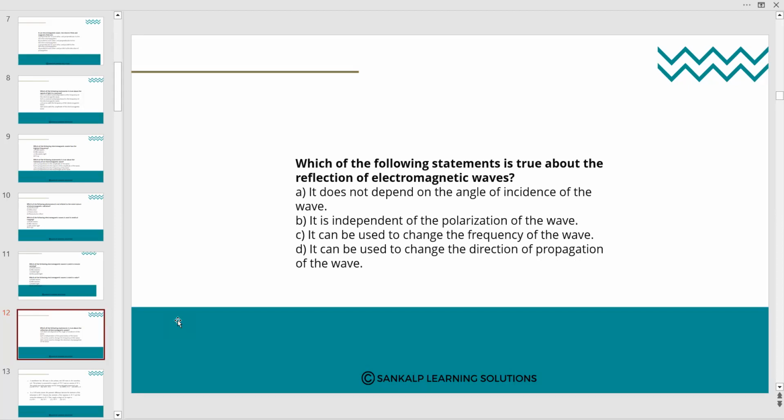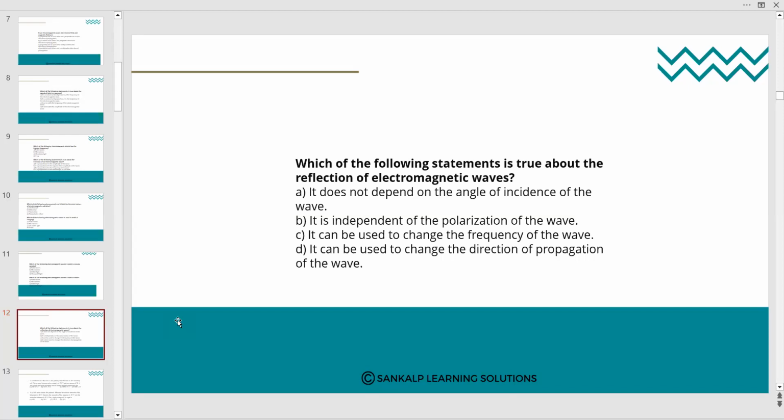So for the true statement about the reflection, they are specifying the reflection phenomena. Actually the electromagnetic waves will follow the laws of reflection. So it does not depend on the angle of incidence, it is not true. They are asking which is true. It can be used to change the frequency of the wave.